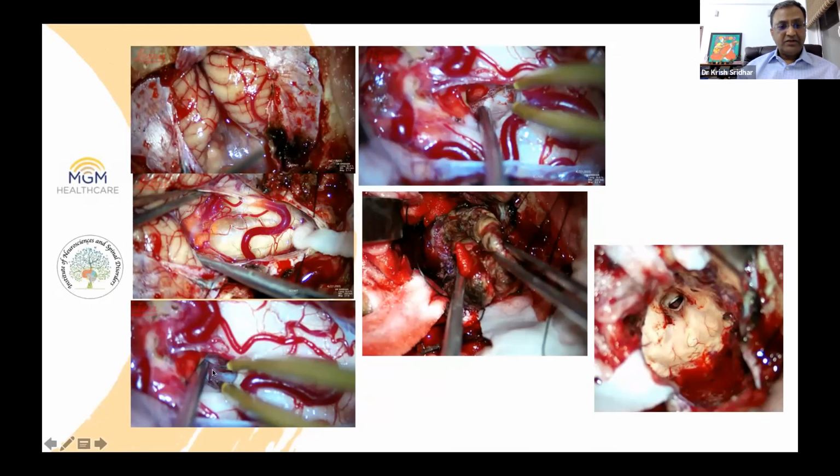And this is the region of the obex where we could find the tumor started. So the tumor dissection was started from here, and these are the final circumferential dissections of the tumor, and it was taken out. And at the end of tumor removal, this is the obex here. The entire fourth ventricle was visualized, including the aqueduct.